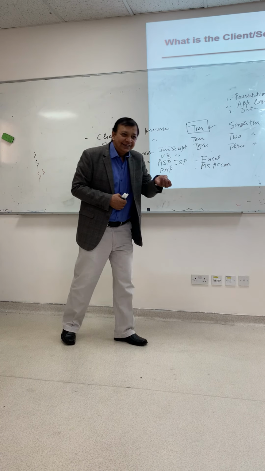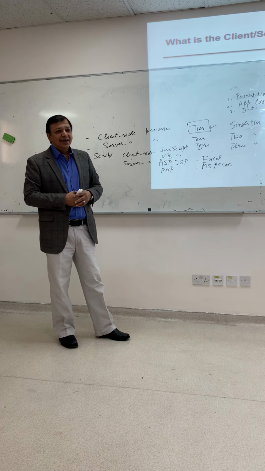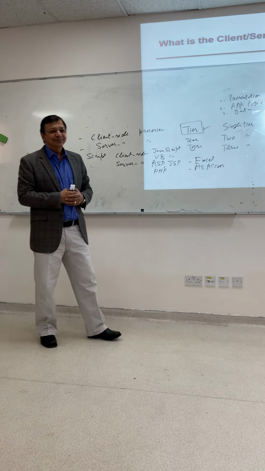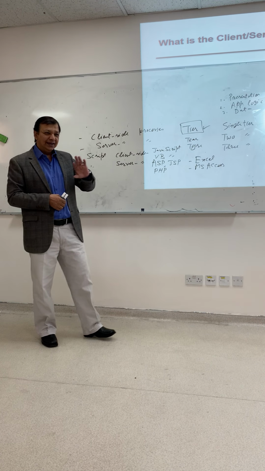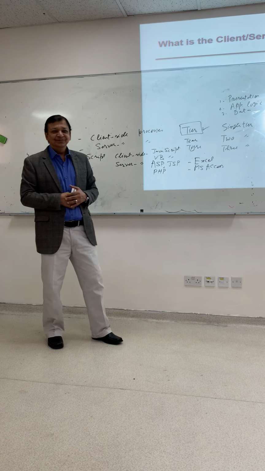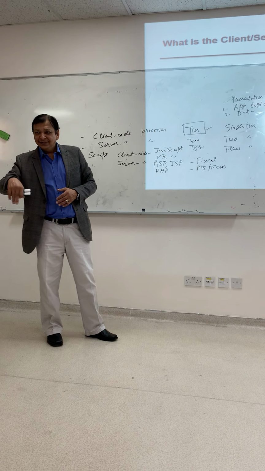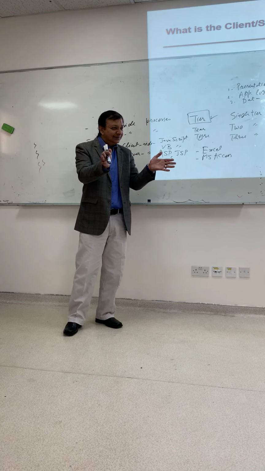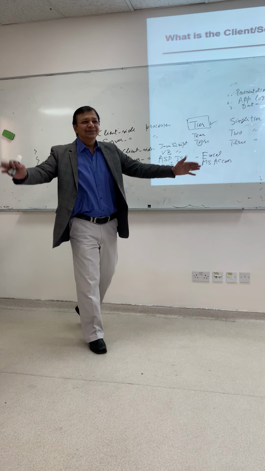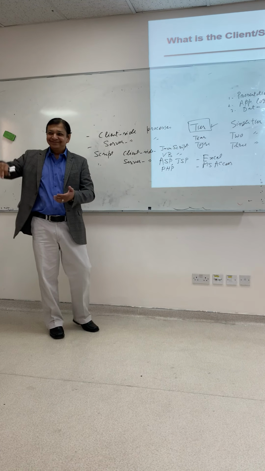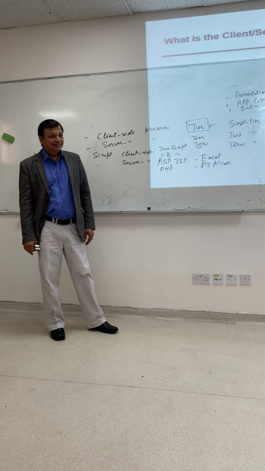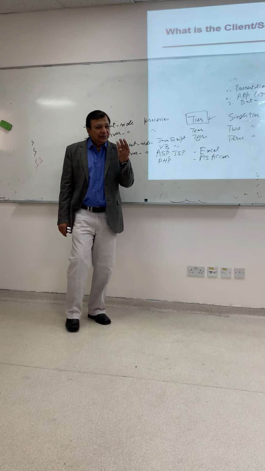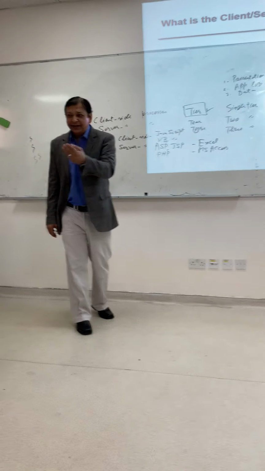So 3 layers. Now you have presentation on a separate server, application logic on a separate server, database on a separate server. So you partition the 3 layers on 3 servers. And you protect your business logic, you protect your database.